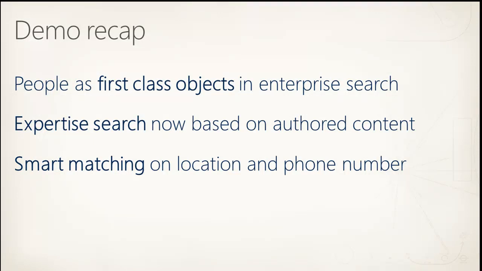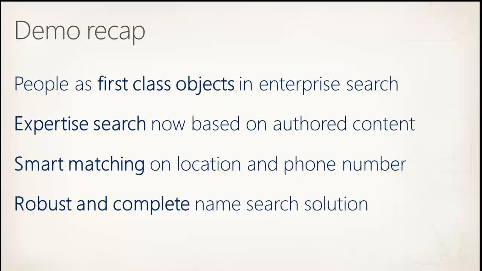And then lastly, looking at query logs, we were able to identify that about 80% of the queries that are hitting people search are name queries. And so we had a pretty neat solution in SharePoint 2010 around phonetic matching and fuzzy matching. We went a step further on that. We've made fuzzy matching better. It is going to be more robust and resilient to your misspellings, mistypings, your phonetic and fuzzy matches.